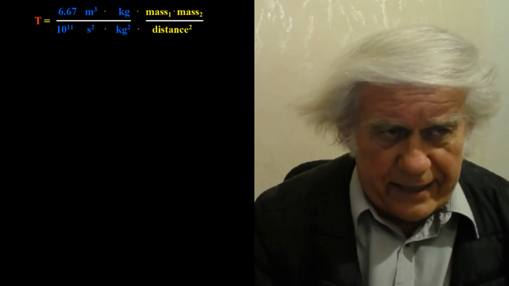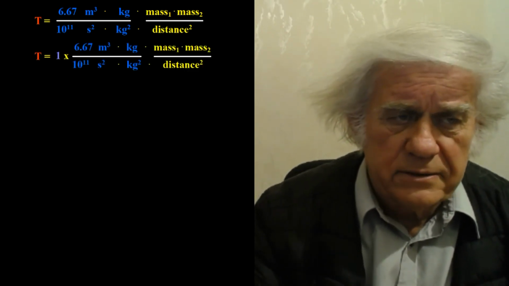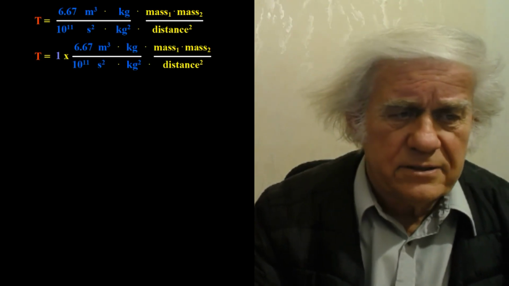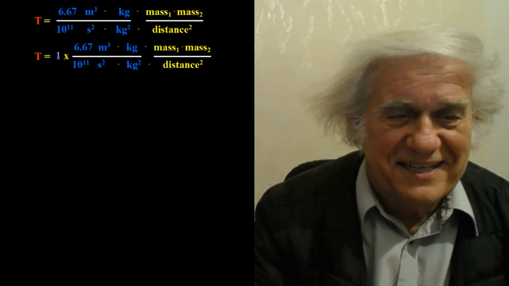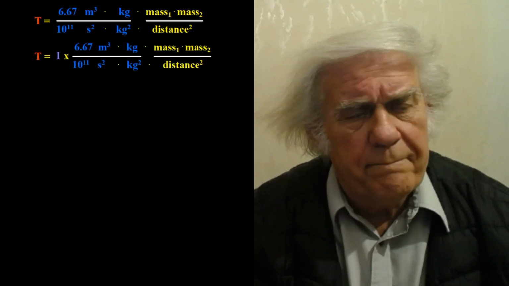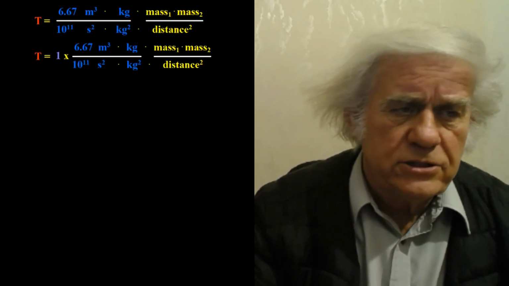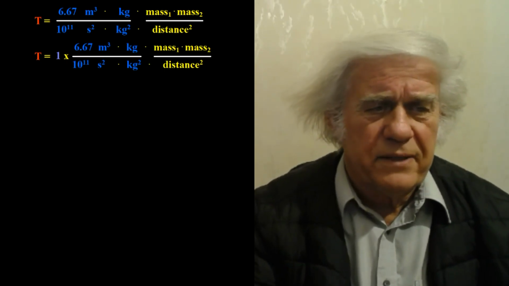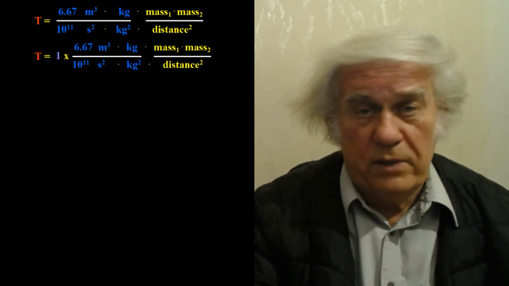Well, we're going to multiply all that times 1. Am I allowed to do that in math? Well, even if I'm not, I'm going to do it anyway. Let me multiply that whole thing by 1. I'm going to try to get away with it. And just to make sure that I can do this, let me replace that 1 with another form of 1.